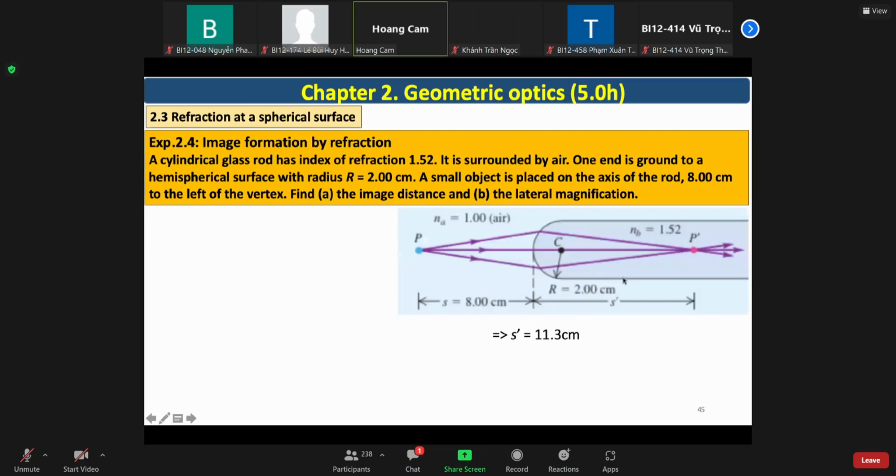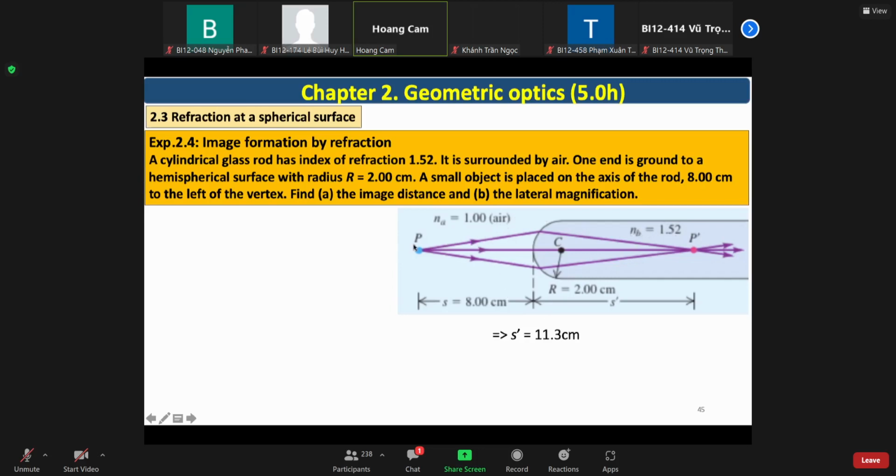We see this in the figure. You will do this exercise at home, however I would like to analyze it together with you to be faster. We have the glass rod, and one side is hemispherical. Here is C, the center of curvature, with radius of curvature R equal to 2 centimeters. The refractive index of the glass is 1.52, called NB, and surrounding it is air, which is 1.